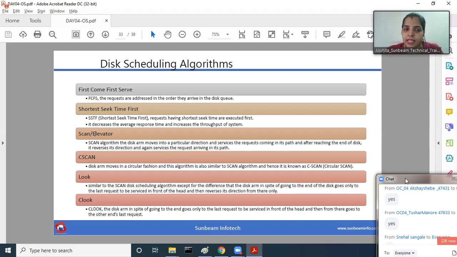LOOK is the same as SCAN, provided LOOK never goes to the extreme end. It will go up to only the last request. And C-LOOK is the same as C-SCAN, but here also it will not go to the extreme end. It will go up to the first or the last request, whichever it is. So these are disk scheduling algorithms.